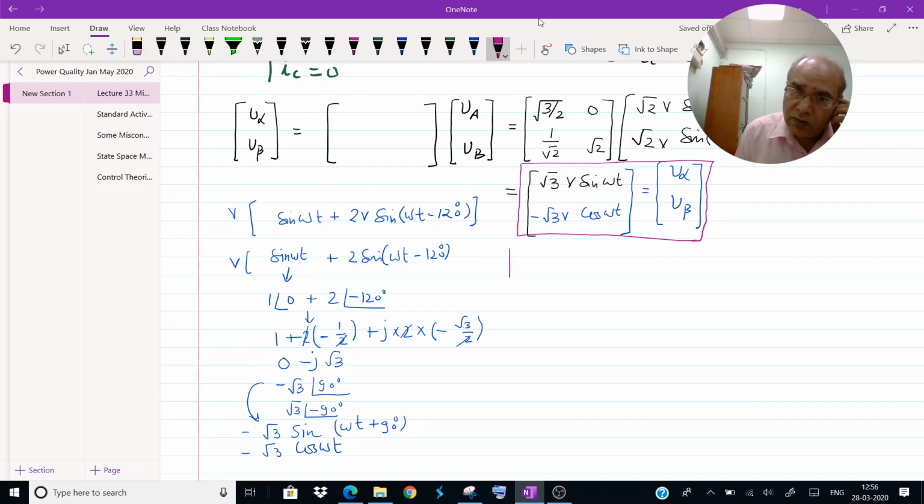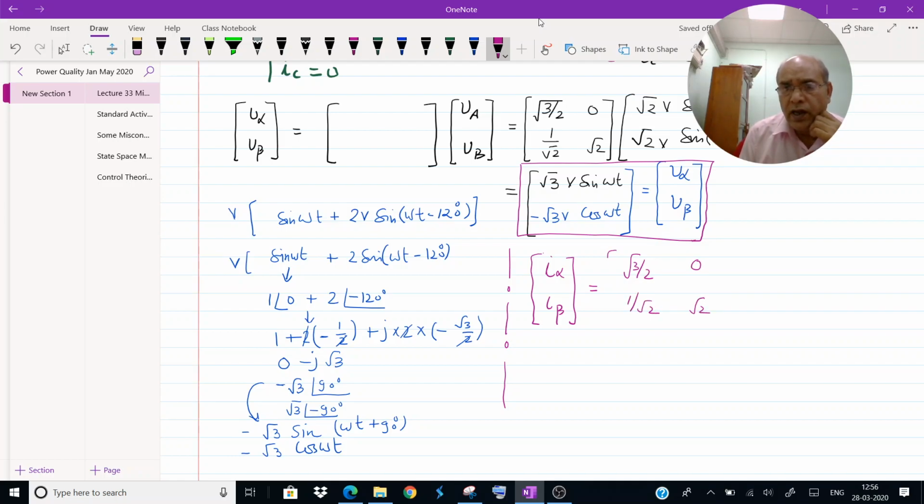Okay. Now come to I alpha and I beta. So I alpha and I beta will be similar to that. The matrix is the same: root 3 by 2, 0, 1 by root 2, root 2, and this is IA and IB, which we have already found out. What is IA?